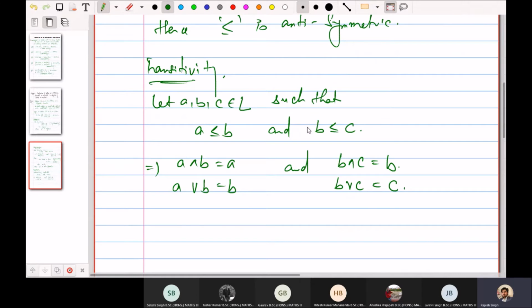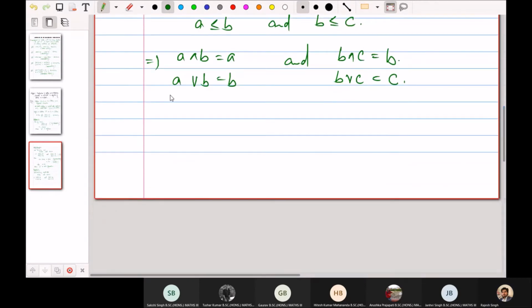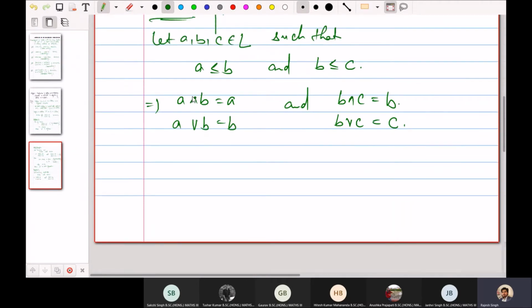We have to show A is related to C, मतलब A cap C को हमें शो करना है that it is A. So we will start with A cap C. Now this is double star, make it double star.